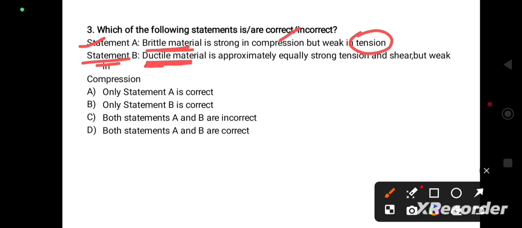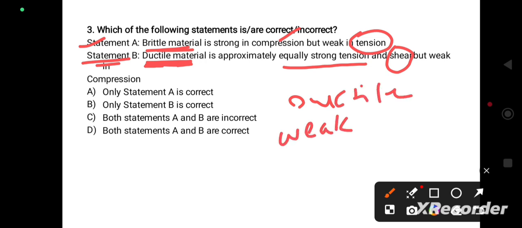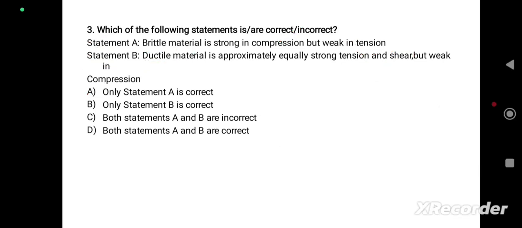It is strong in tension but they say it is weak in shear. So statement B is wrong, so the answer is only statement A is correct. Answer for this is option J.